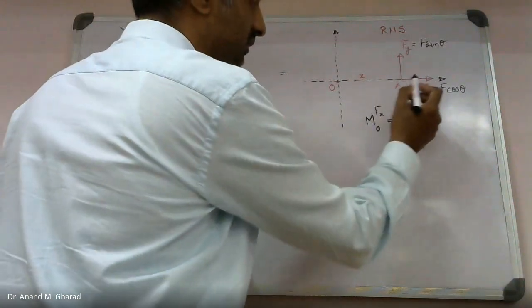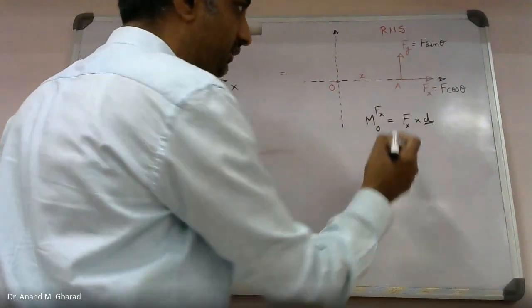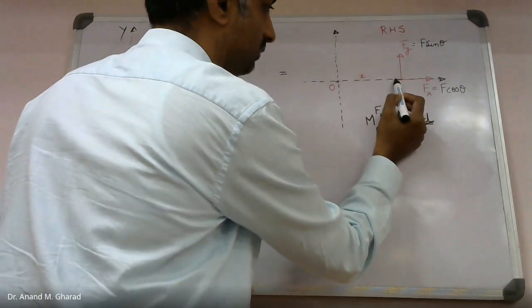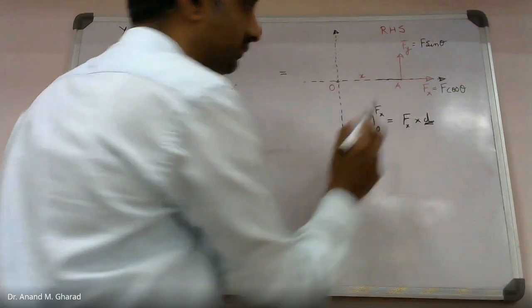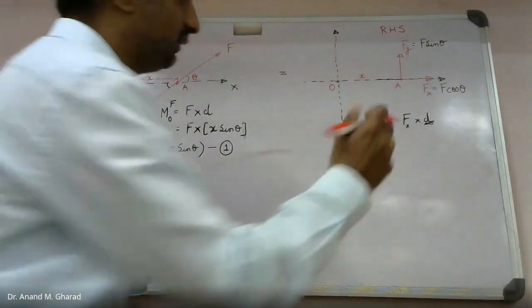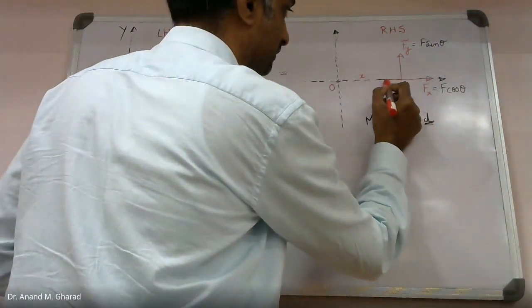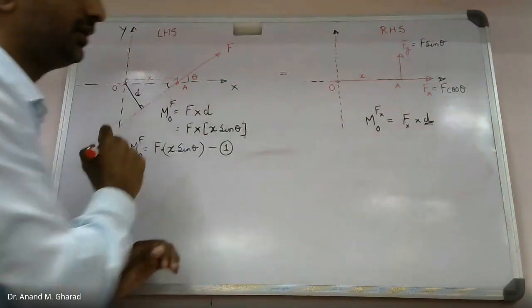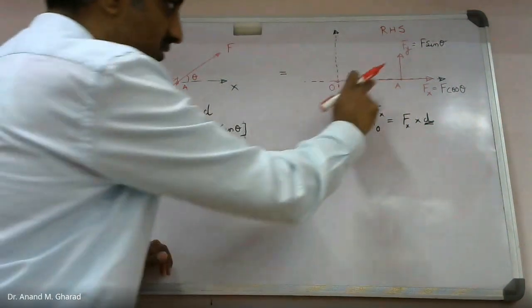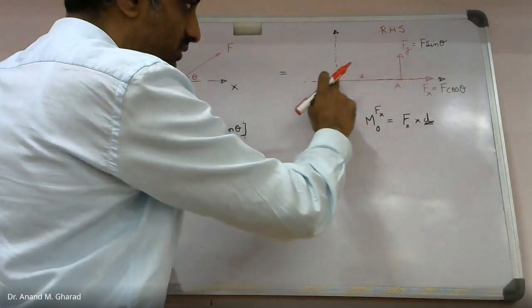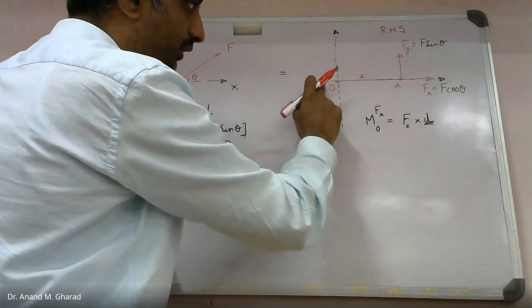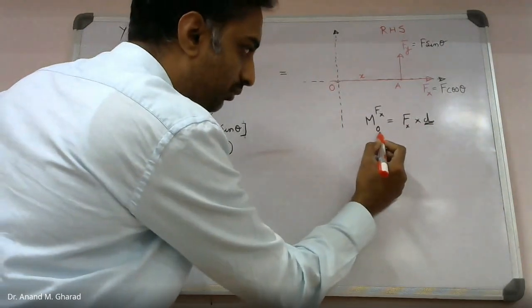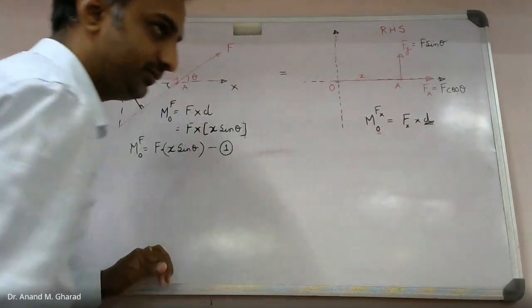Okay, because in order to visualize that, you extend the line of action of this force. I am extending this line of action of force of Fx. How is the line of action of this force? It is passing through the point O. That means it is passing through the moment center.